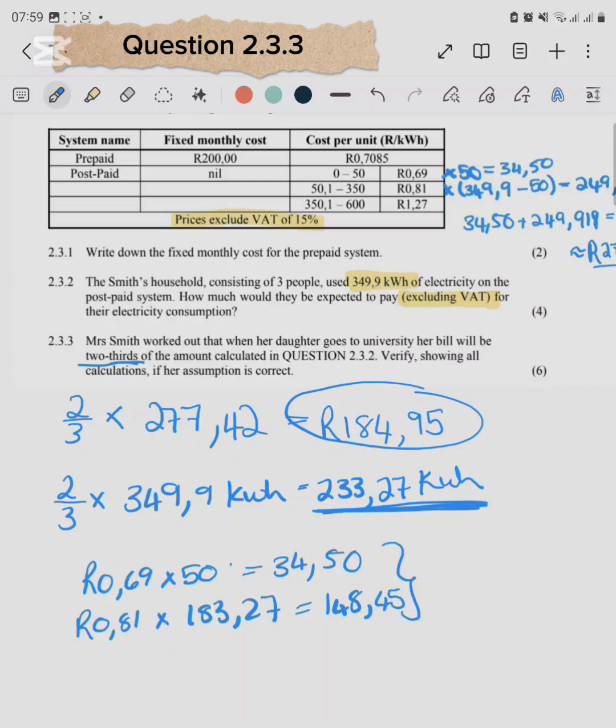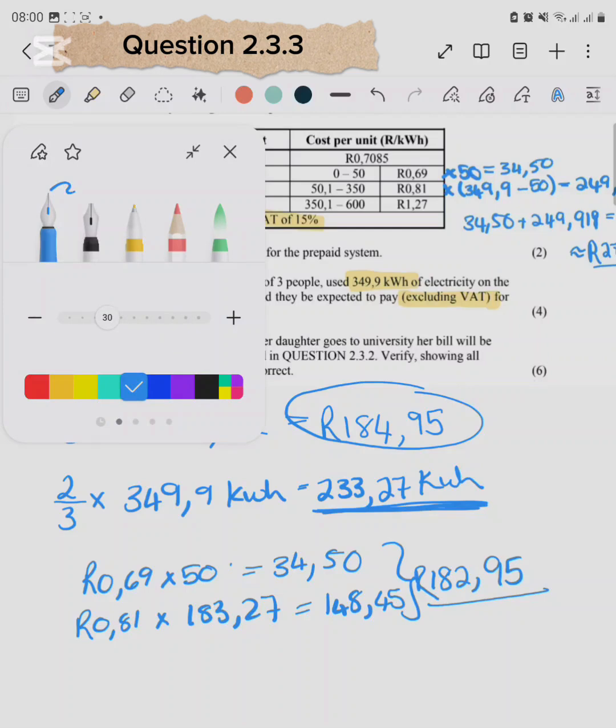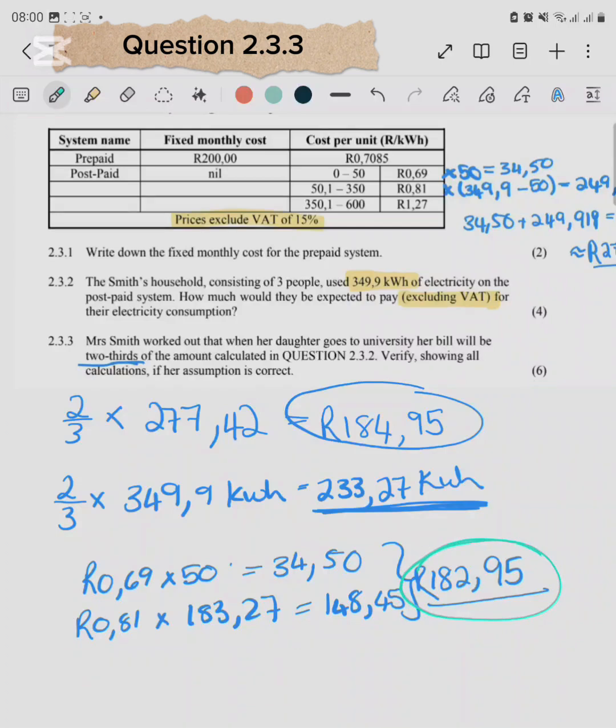And then when you add those together, we're going to get to 182.95, because we use the rounded values. So we can see here that if we compare the cost when we calculate it versus just the 2/3 of the price, it actually doesn't equate to exactly the same amount.